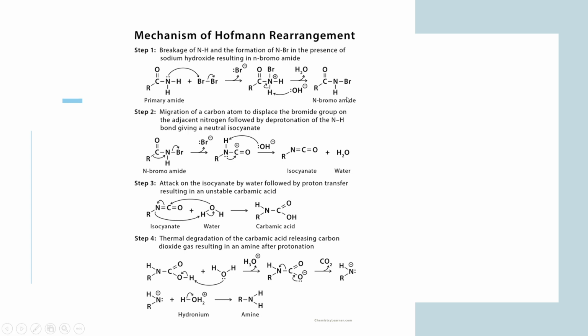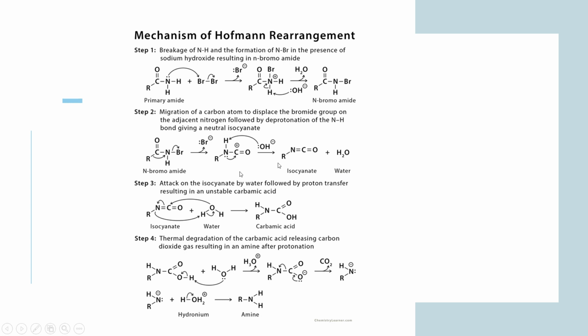So you will get this N-bromoamide as the first intermediate product of this reaction. Okay. So after the formation of N-bromoamide, in the second step, migration of alkyl will take place, where you get isocyanate as the reactive intermediate.